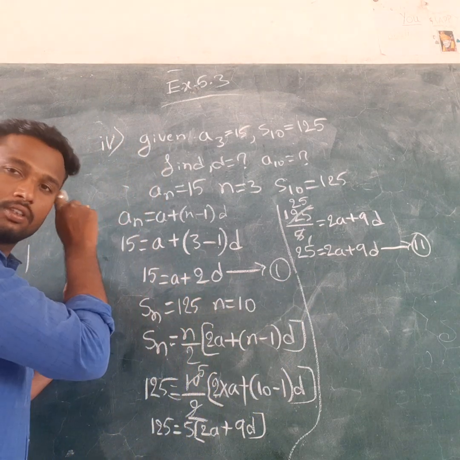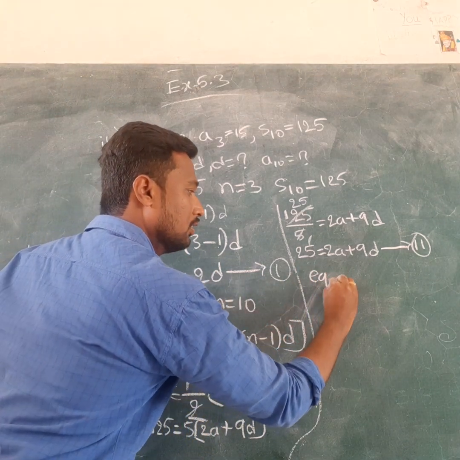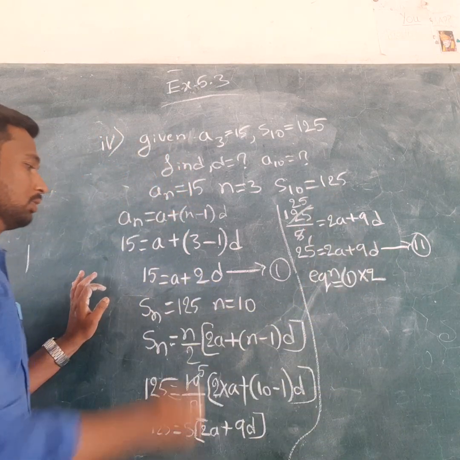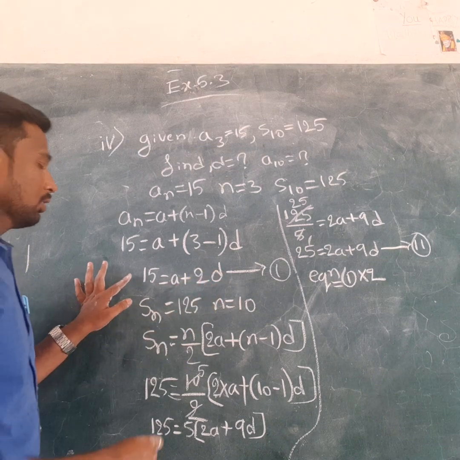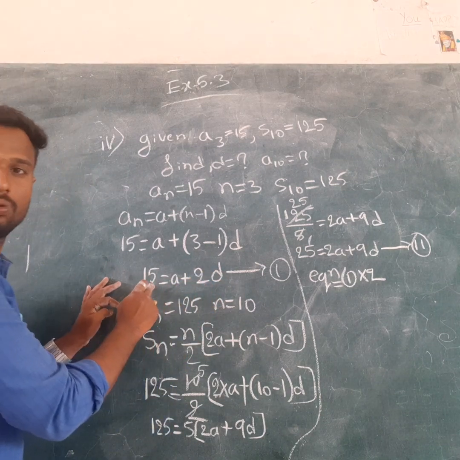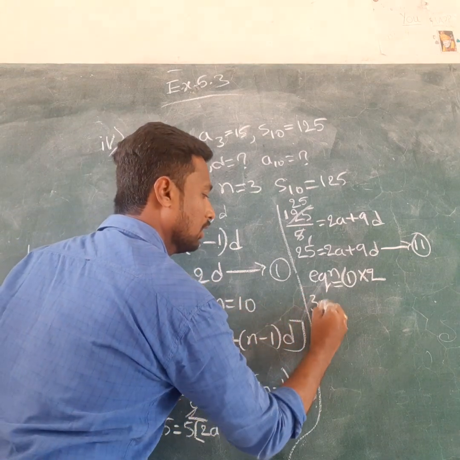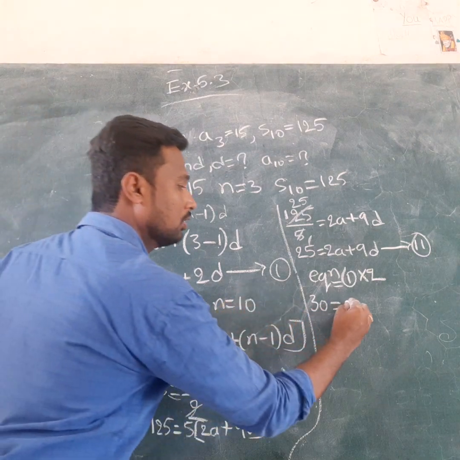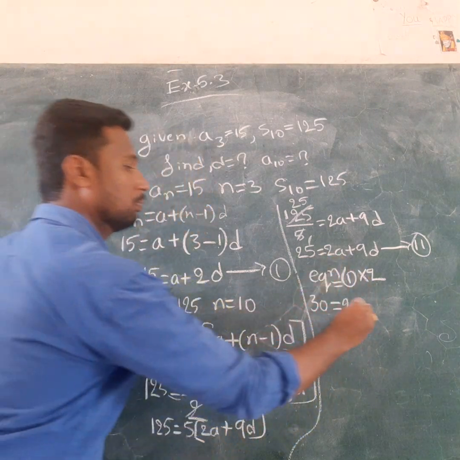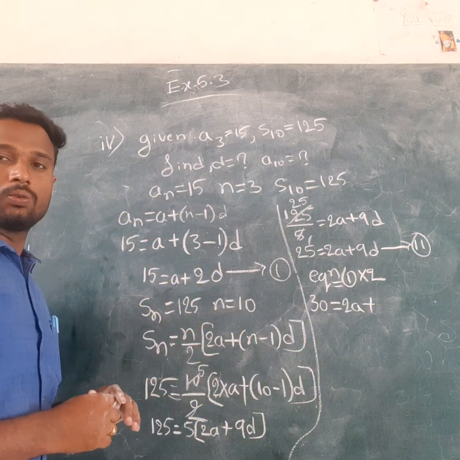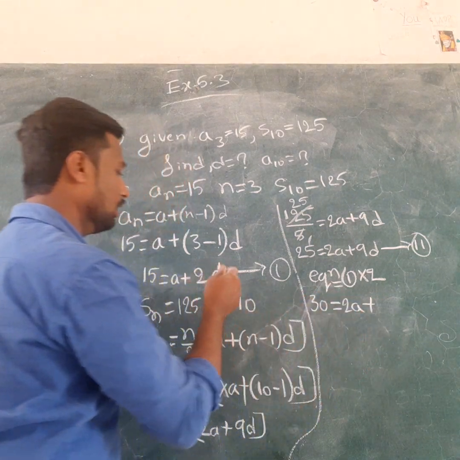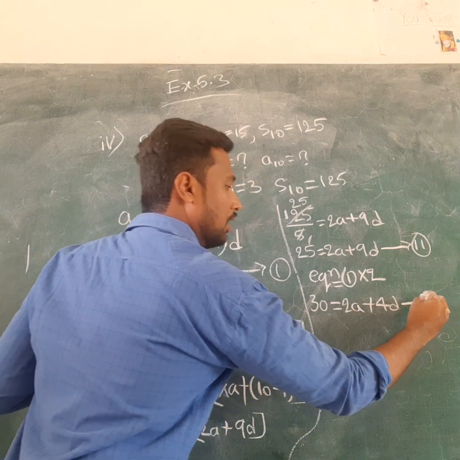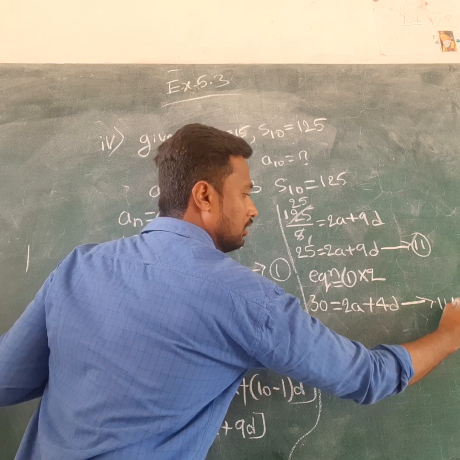See here, what did I do? Equation 1 is multiplied by 2. Now it becomes 15 into 2, 30, is equal to a into 2, 2a, plus 2d into 2, which is 4d. I will consider this as equation 3.